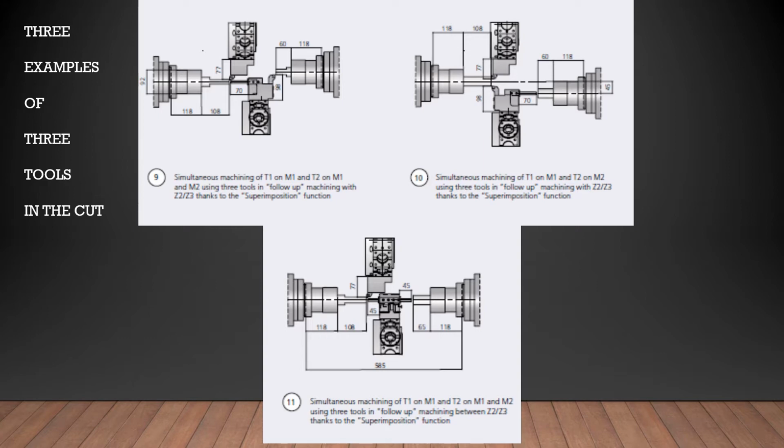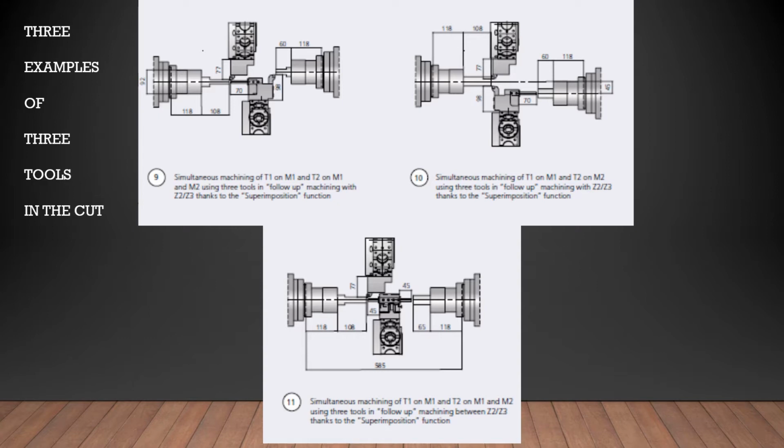The second example on the upper right hand is simultaneous machining, right? With the upper turret turning, the lower turret turning, and on the lower turret, there's a drill mounted towards the subspindle. And while we are turning on channel 2, we are bringing channel 3 up to drill at the same time.